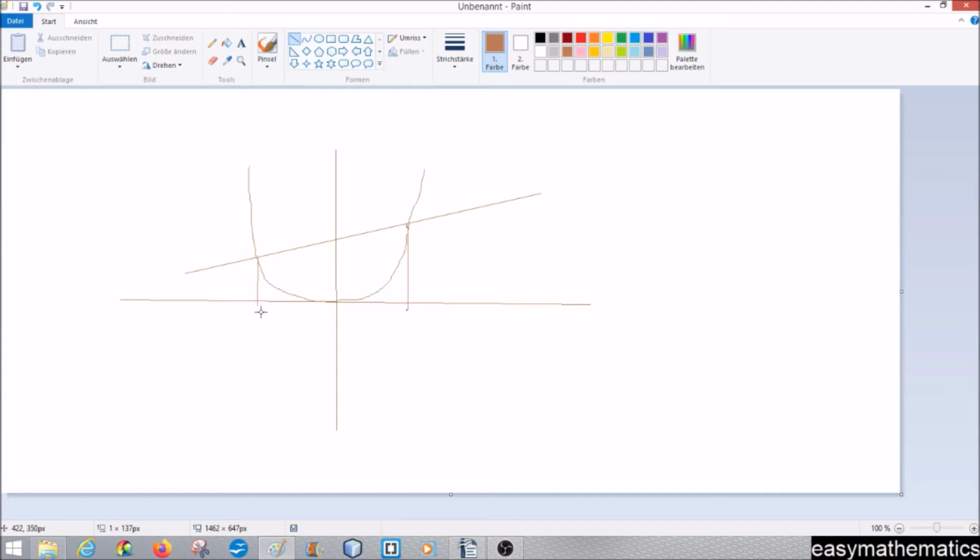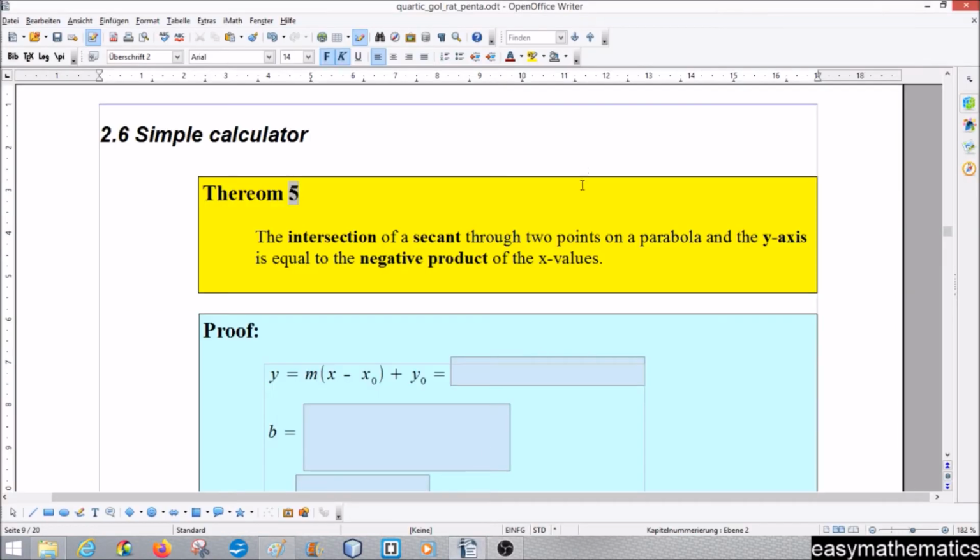If we multiply them, we get the product exactly here on the positive y-axis. Because this is negative and this is positive, we get the negative product. So x1 times x2 we find exactly here. Therefore the normal parabola can be used as a simple calculator for multiplication. And we prove this.